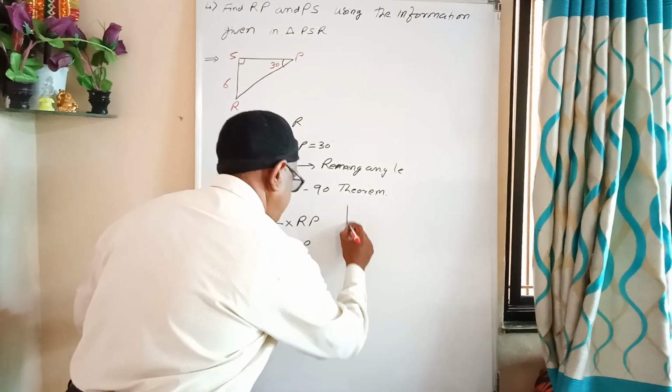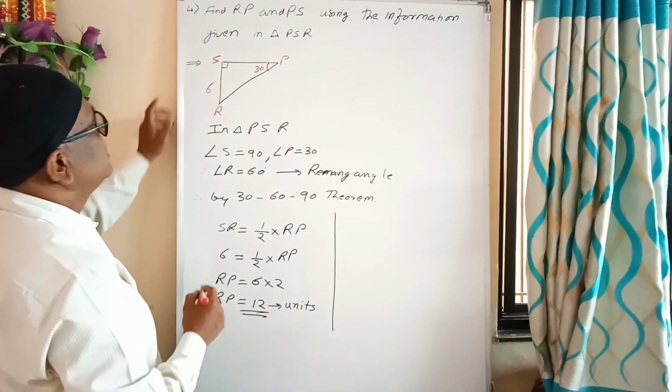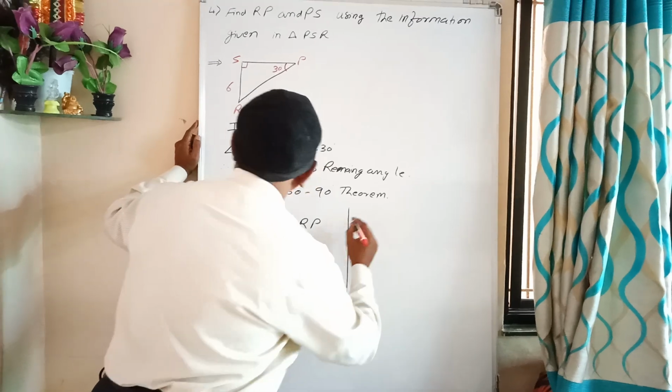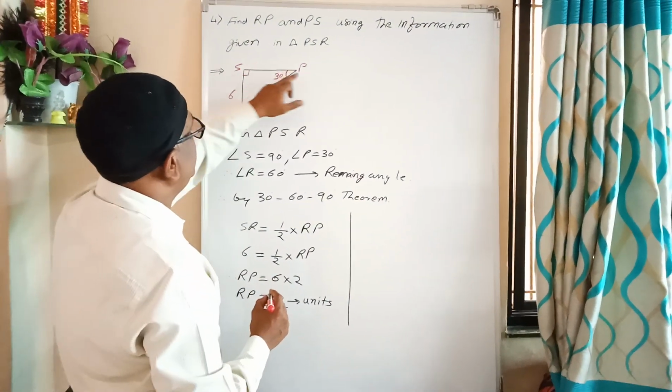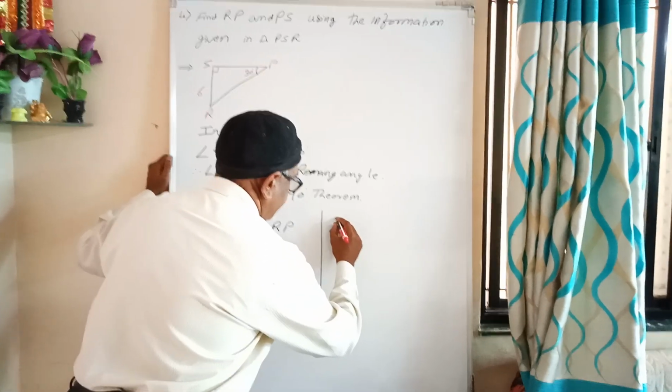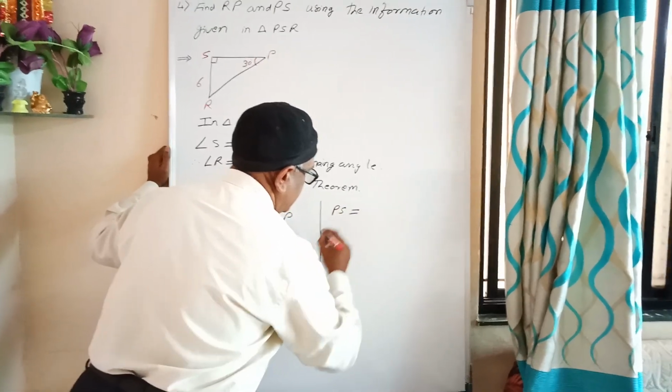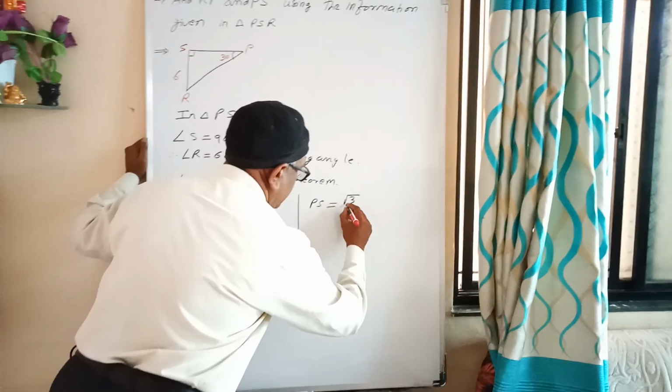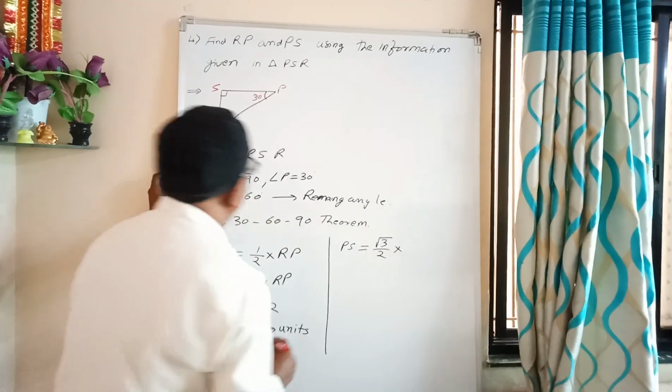Now, side PS we are going to find. Side PS is opposite to 60 degrees. Side PS is equal to root 3 upon 2 into hypotenuse.